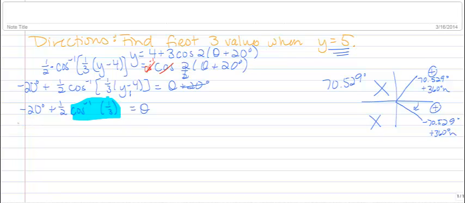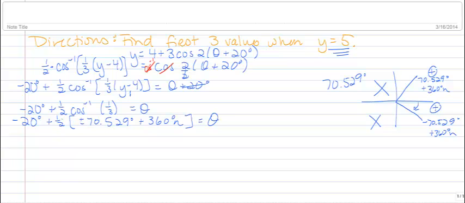So let's come back over here to our problem. You have negative 20 degrees plus 1/2. Now, instead of writing this inverse cosine stuff, what we're going to do instead is put our plus or minus 70.529 degrees plus 360 degrees n equals theta.